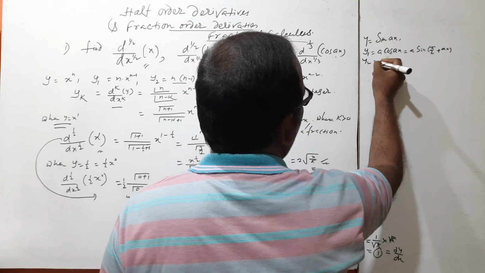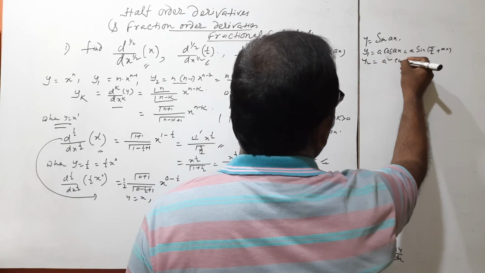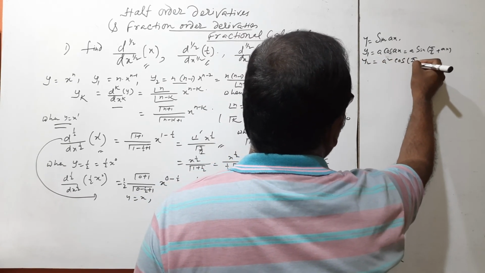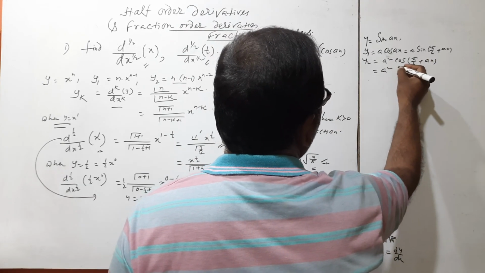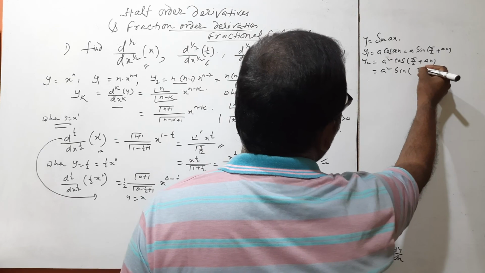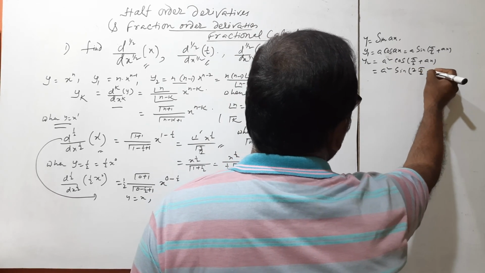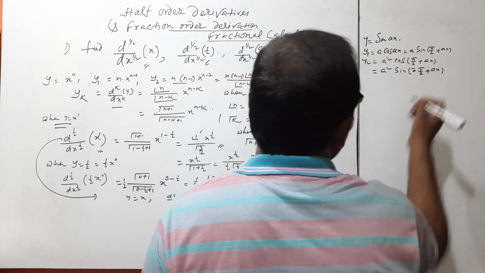Same as y2, a square into sine of 2 into pi by 2 plus ax. So it can be also written as sine of 2 into 90 plus ax.